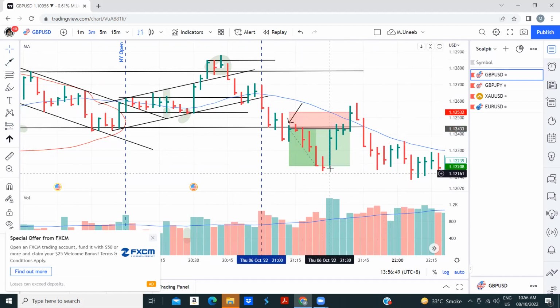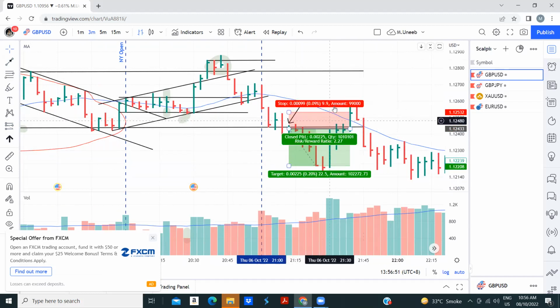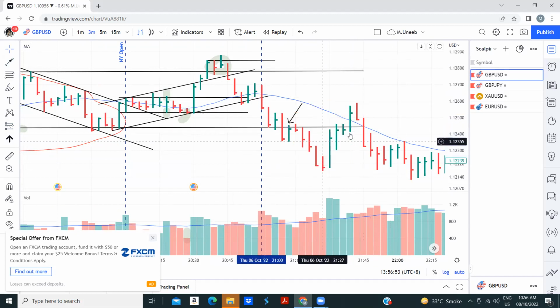The price again goes up here. And what do we notice here? The price again makes what? Upthrust. Is it upthrust? Yeah, of course.